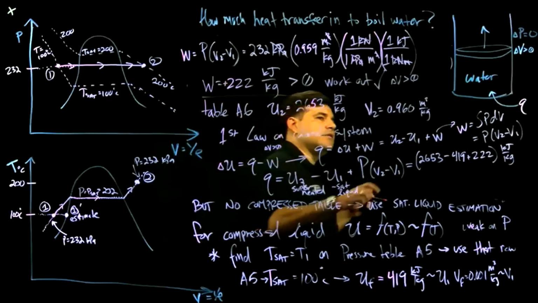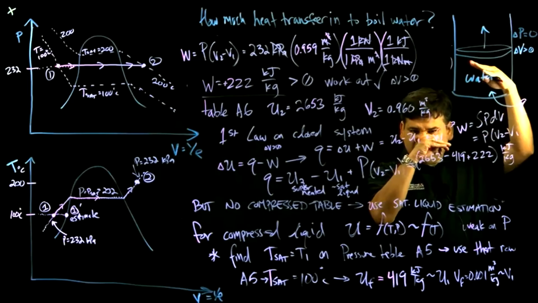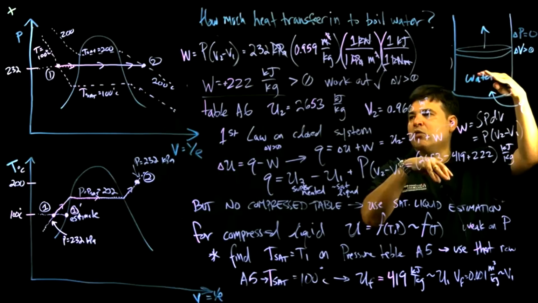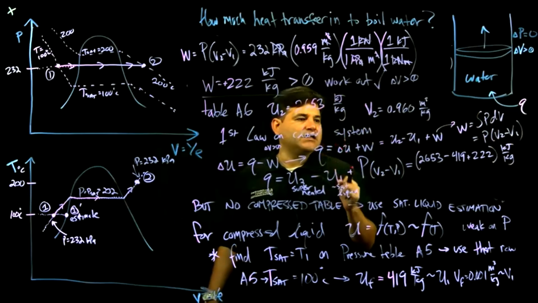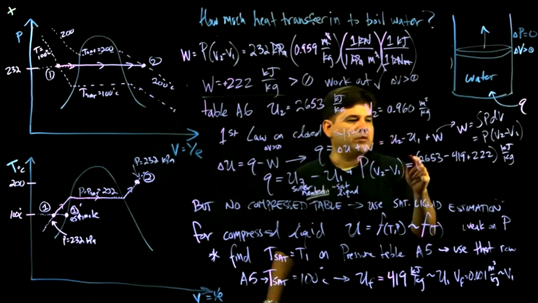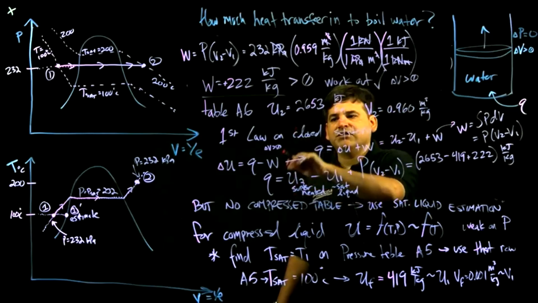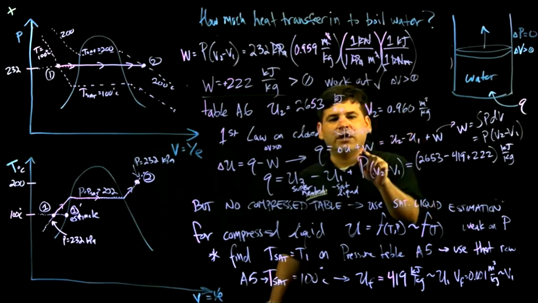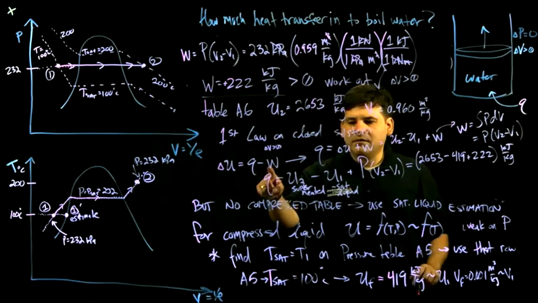That's good. The volume increased, which means that the water did work on the surroundings. That's a general rule to remember, and that gives you a positive number. Then when you plug in a positive number here, everything should work out with this convention of Q minus W, which means net work out.